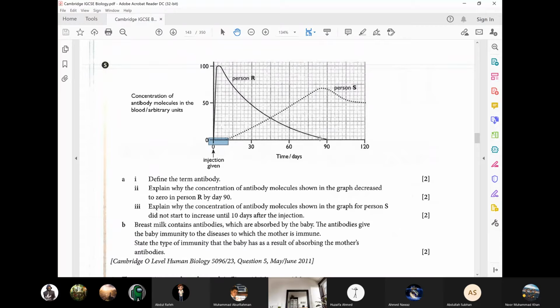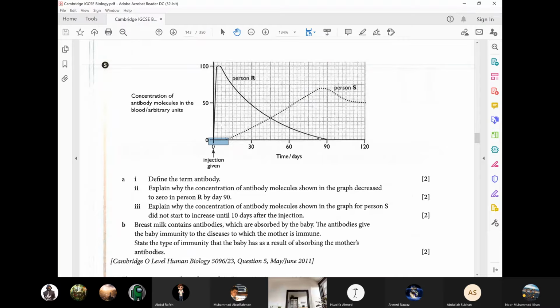Now, boys, another question can be asked. Why do these antibodies last for only 90 days? Sir, because they are broken down and used up in our body. Very good. Because they might be used up in our body. And what is the second answer? It's a 2 marks question.